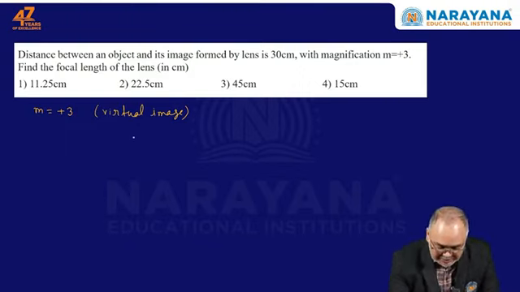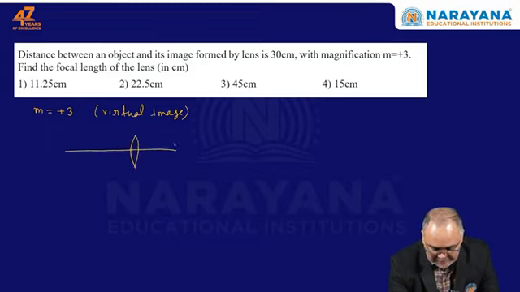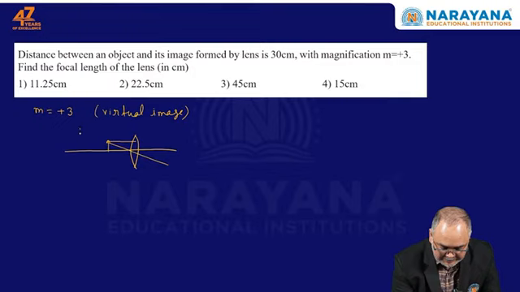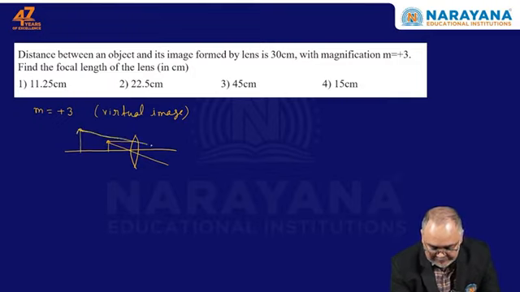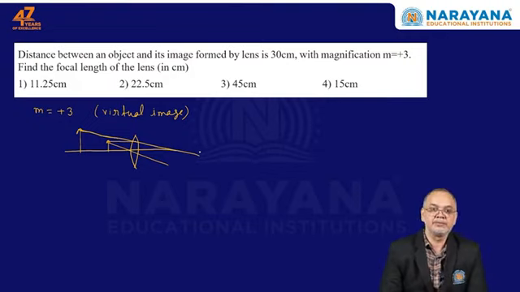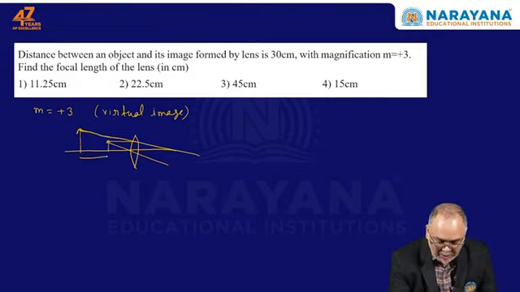So here if you think about this, an object is kept over here, so corresponding to that the image will form somewhere here like this one. So the distance between the object and image is given, that is 30 centimeter.